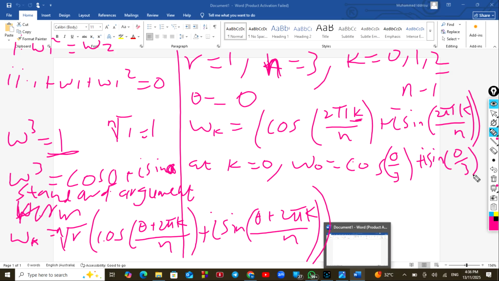We know that 0 over 3 is 0. So W0 is cos 0, which is 1, plus i sin 0, and sin 0 is 0, i times 0 is 0, which gives 1. So we know that W0 is equal to 1. So we have the first root.